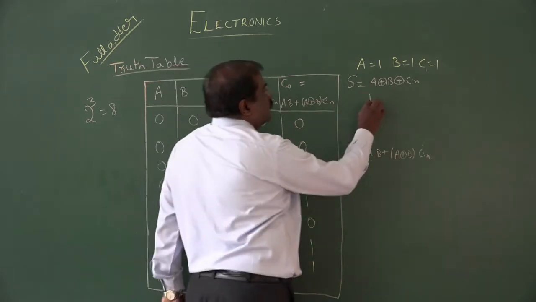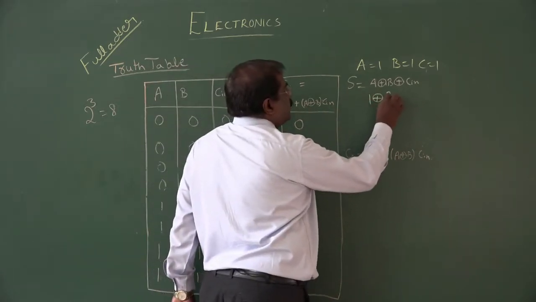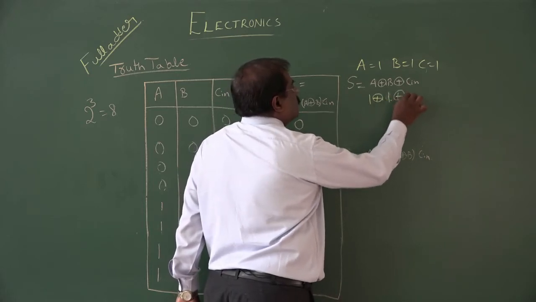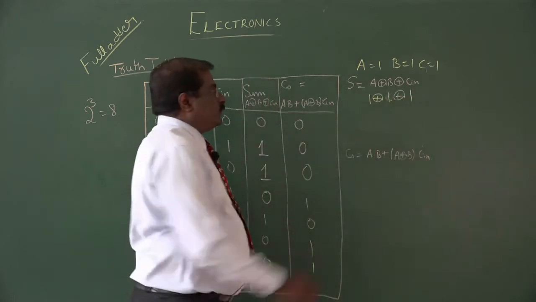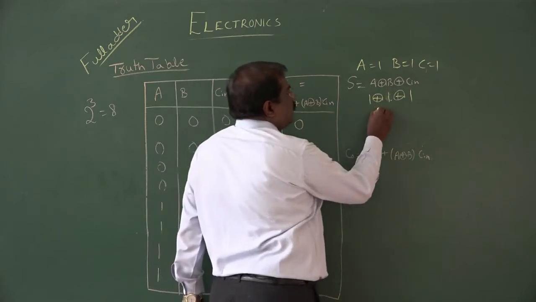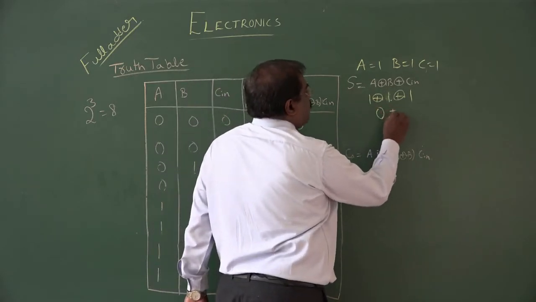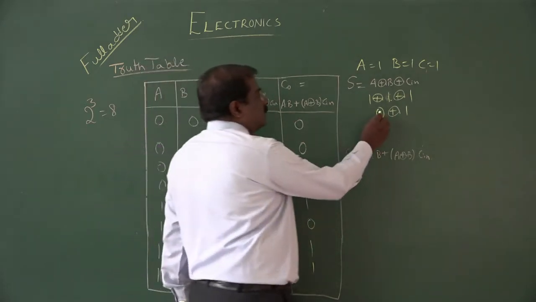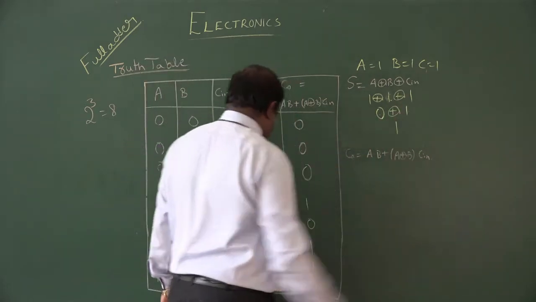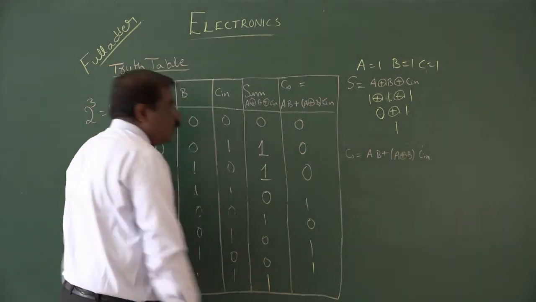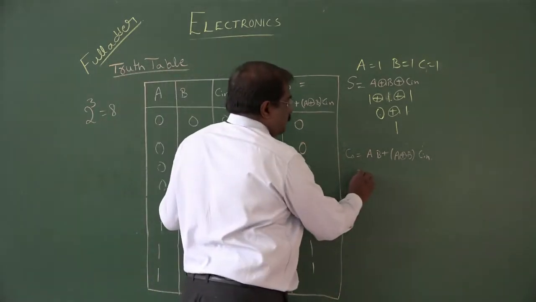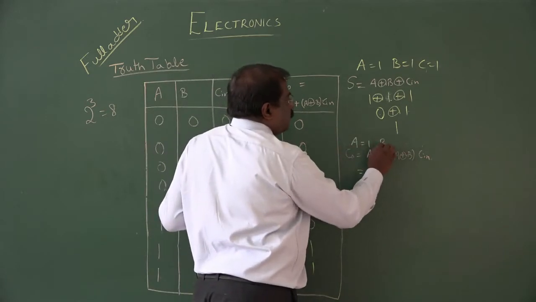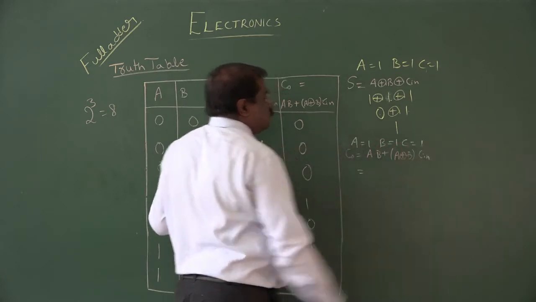So 1 XOR B, B is 1, sorry, XOR 1. So similar input, 1 XOR 1 is 0, XOR 1. So dissimilar input of XOR, 0 XOR 1 is 1. At that time sum will be 1. Okay. Now in the same manner you take for carry, A equals 1, B equals 1, C equals 1.